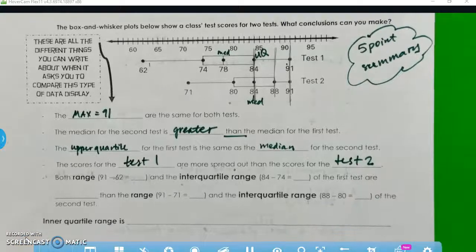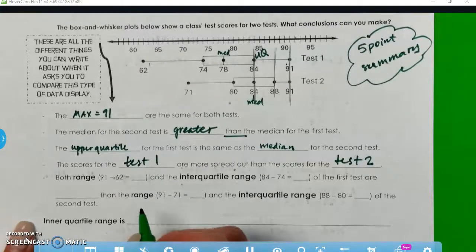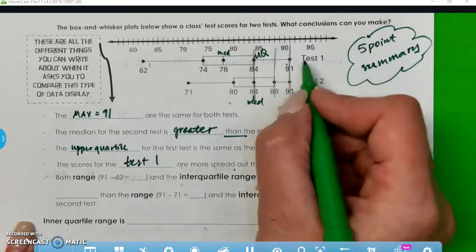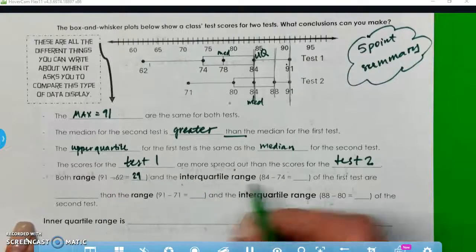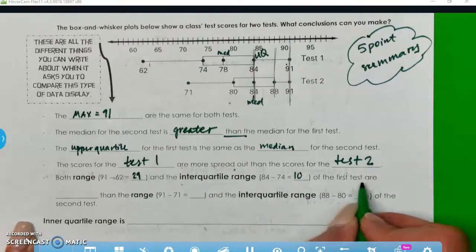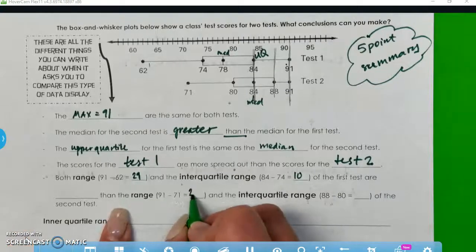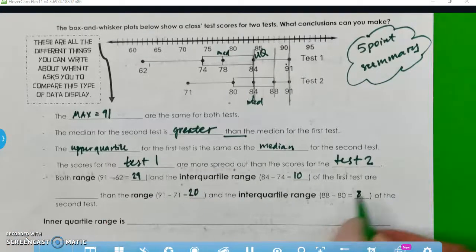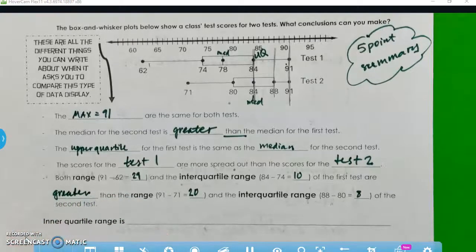And we're almost there. Now they're comparing the range. Range 91 minus 62, which is 29 points, and IQR of 10 points for the first test are, well, let's see, that would be 20 points and this would be 8. So greater than those values of the second test.